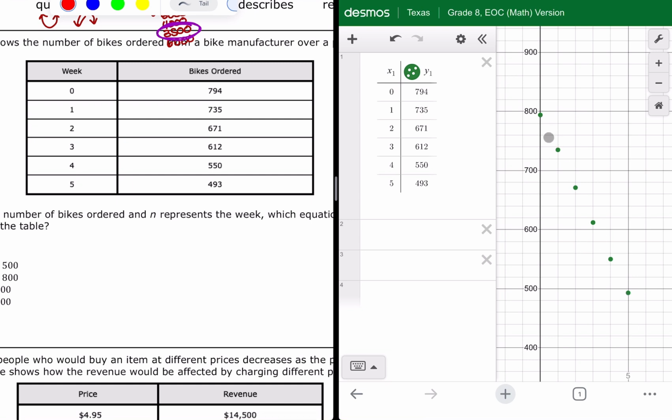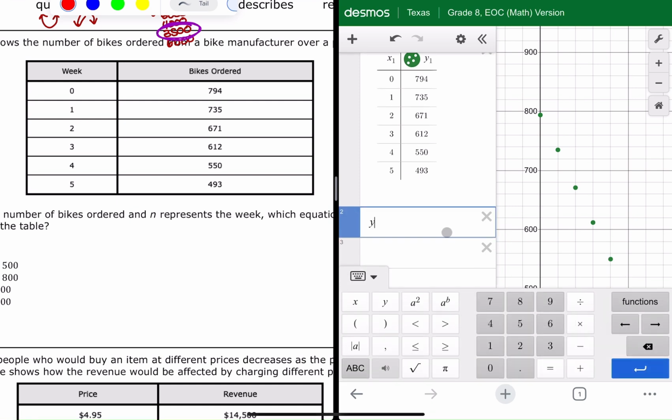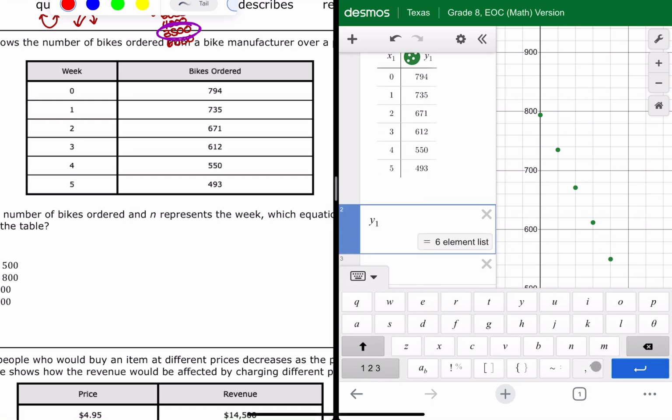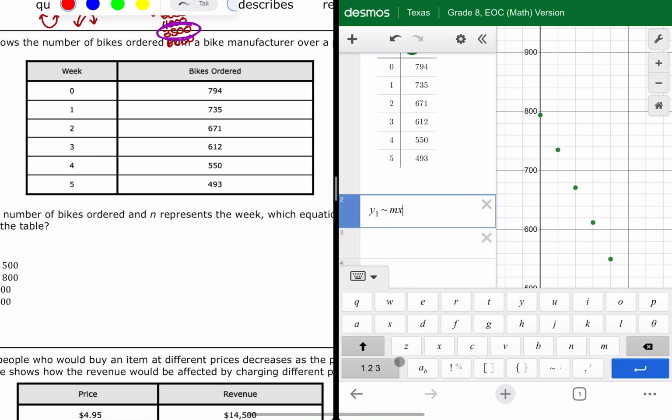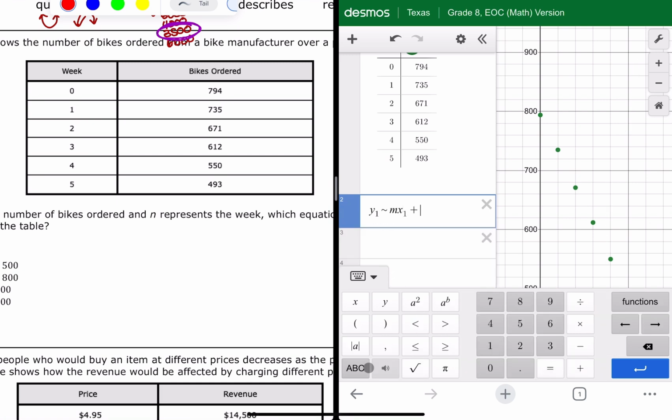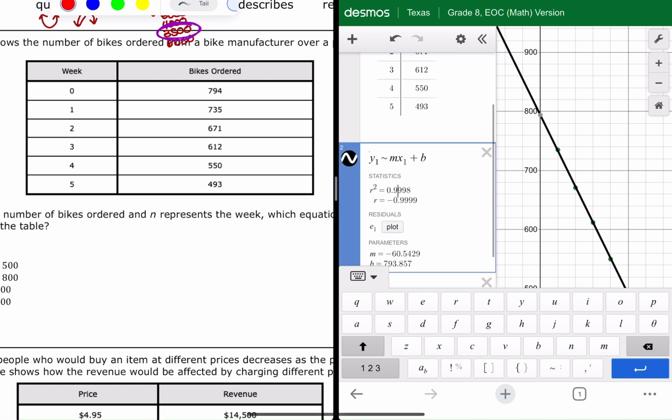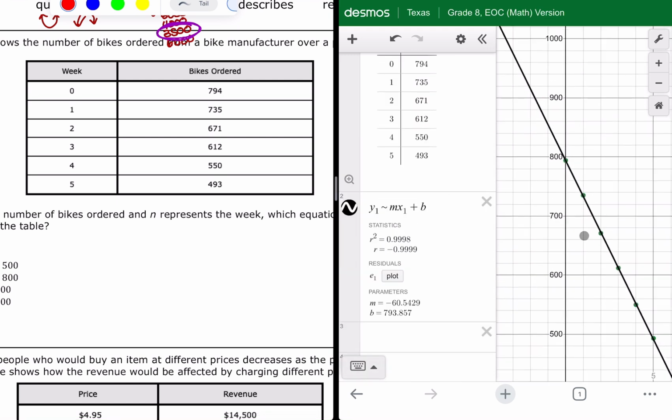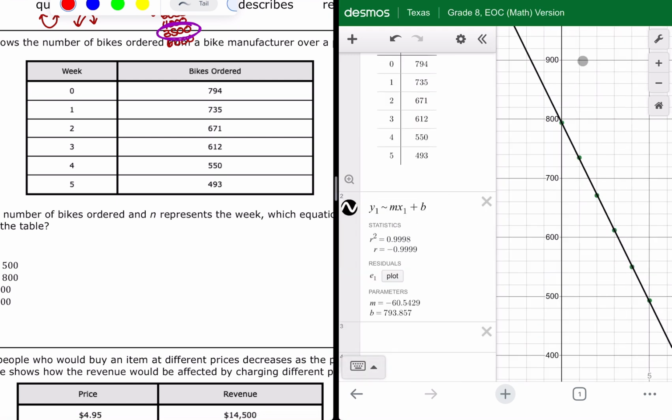And I see if I put these together in my mind, it's a linear function. So I'm going to write y1 squiggly line mx1 plus b. This is what I want right here. When I look at the picture now, it looks perfect. It looks great. The black line goes to the green points. This is great. So these are the numbers I want right here.